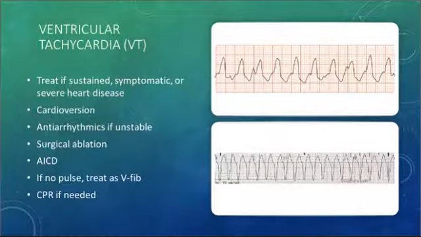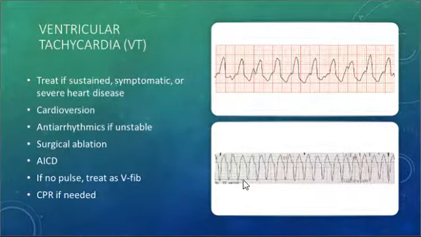VTAC, ventricular tachycardia. It's a rapid ventricular rhythm. You don't see any P, it's only ventricular activity. There is no atrial activity here. It is wide and bizarre. The rate is greater than 100 beats per minute. This first one is about 150.